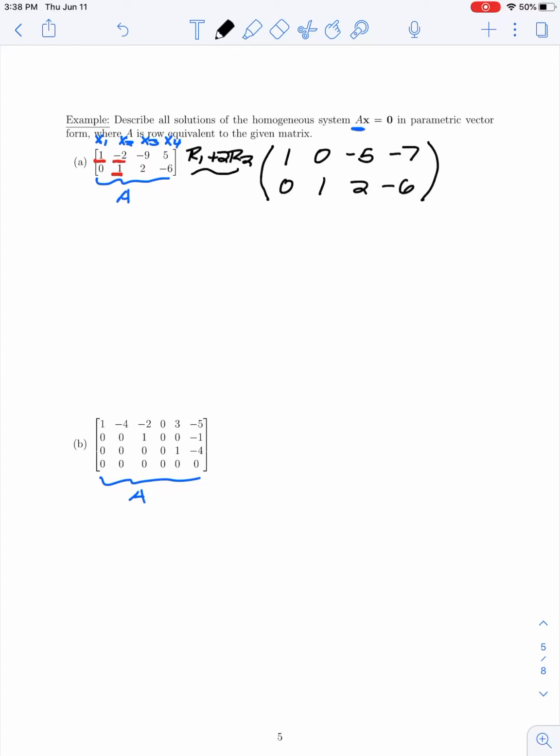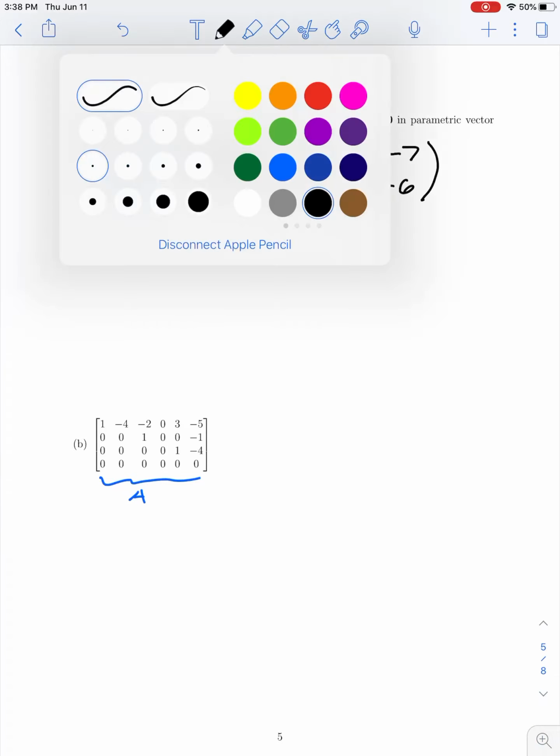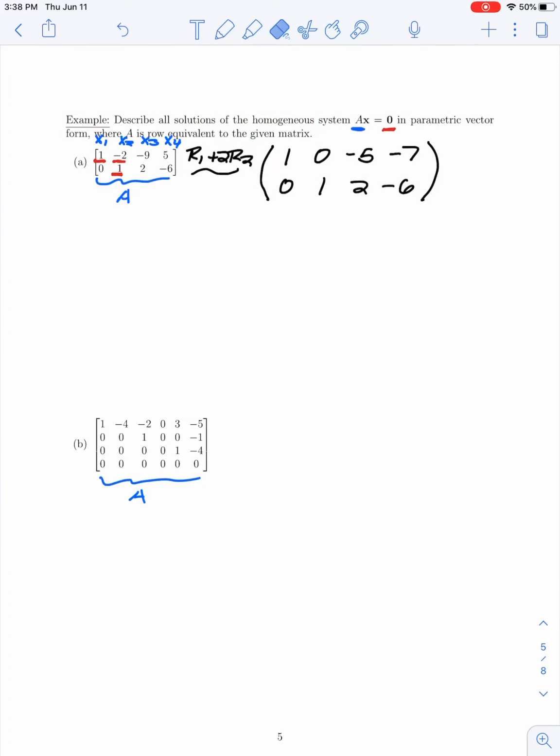Now we're looking at solutions of a homogeneous system. So since our right-hand side of this equation is the 0 vector, we could think about this as an augmented matrix here, where we set this equal to the 0 vector. All right. So now the coefficient matrix A that we were given is now in reduced row echelon form, and we see that it has 2 pivot positions, and the third and fourth columns corresponding to the variable x3 and x4 do not have pivot positions.